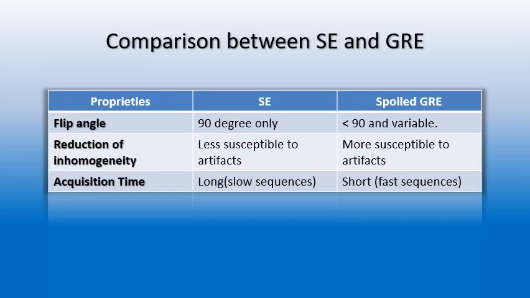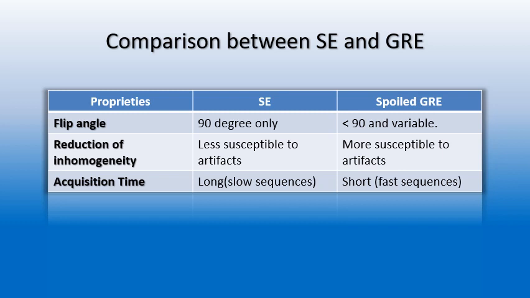Another important table demonstrates the difference between the two families. The first is the flip angle. As we have mentioned before, it's 90 degrees only in spin echo, while it should be less than 90 degrees in gradient sequence. Another point, the angle in gradient sequence could be variable and usually less than 30 degrees.